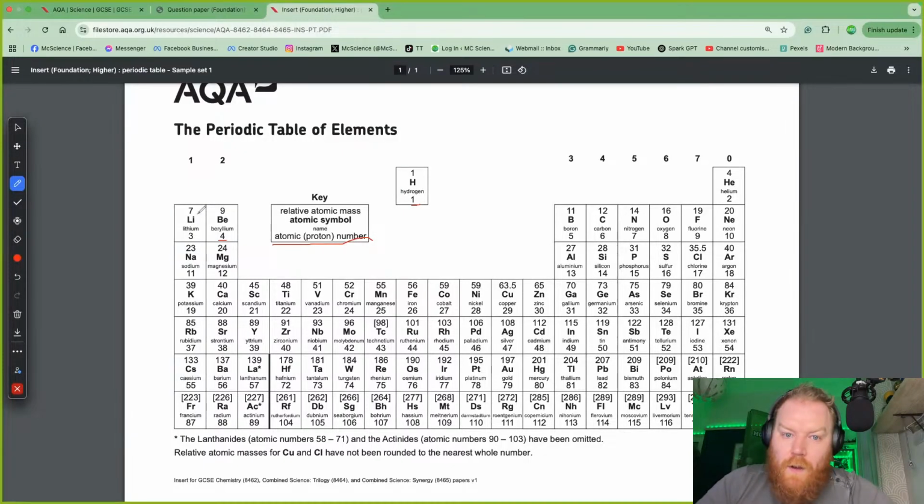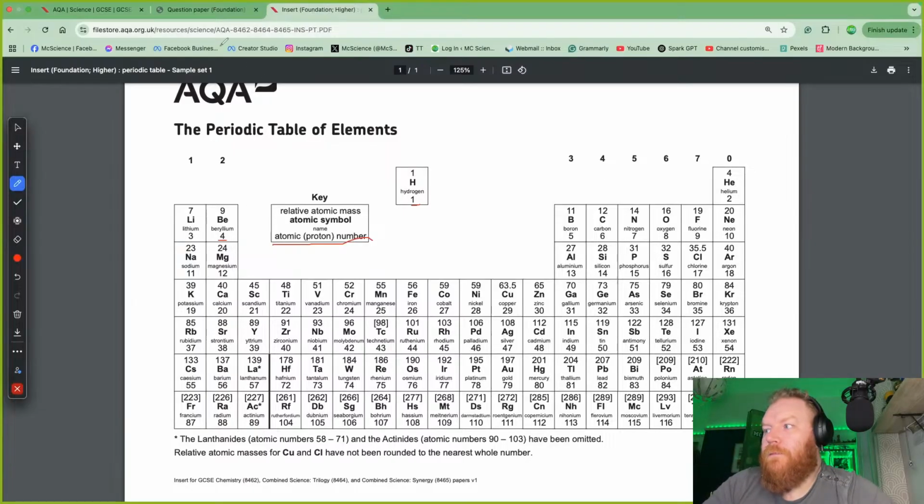It can be either way around, or side by side to each other. It really doesn't matter as long as you remember the smaller of the two numbers is the number of protons, and the larger of the two numbers is protons and neutrons. Therefore, it's going to be bigger because I'm counting two things instead of one.